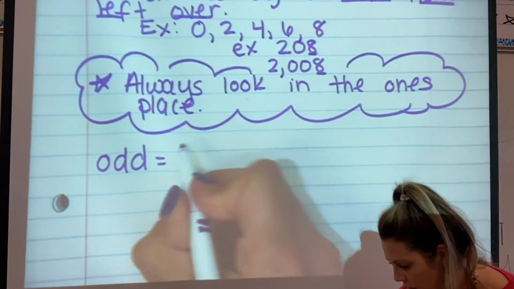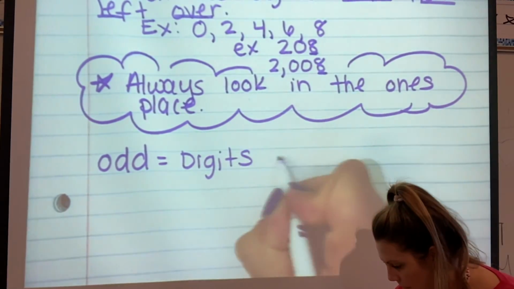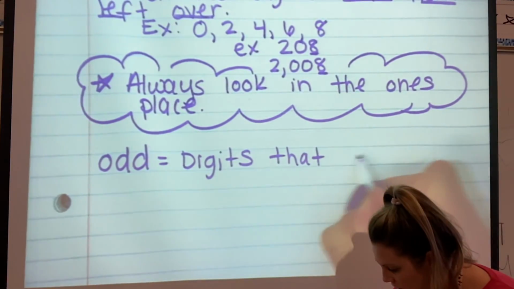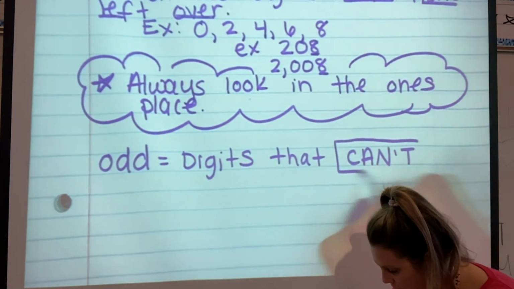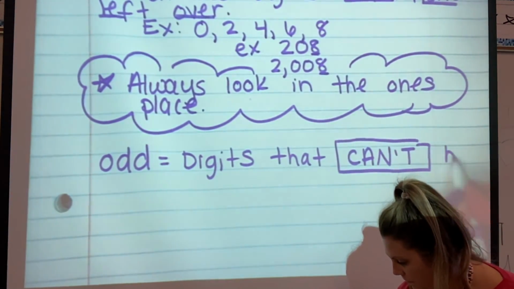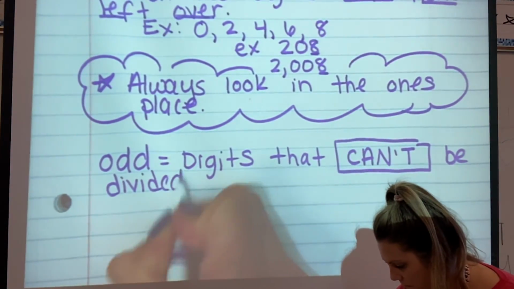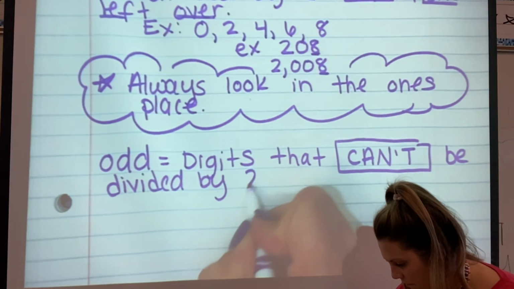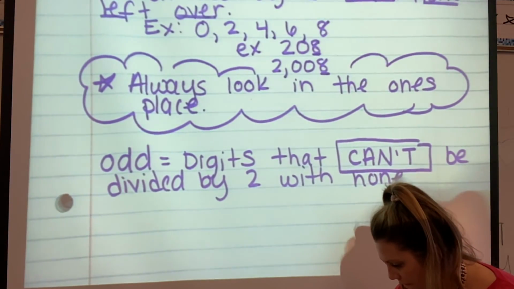So odd are digits that can't be divided by 2. With none left over.